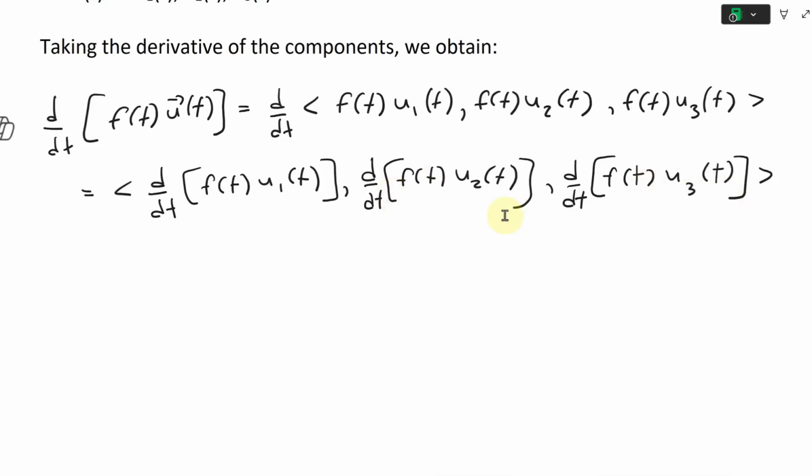All right, here I just quickly shifted it over, and now we can take the derivative of each part right here using just the basic product rule.